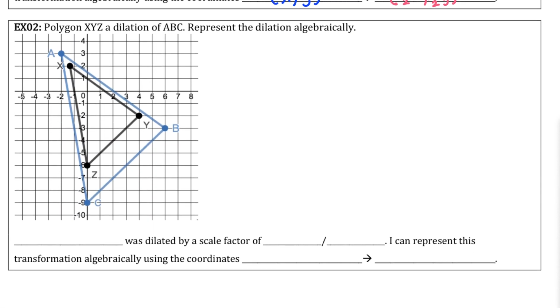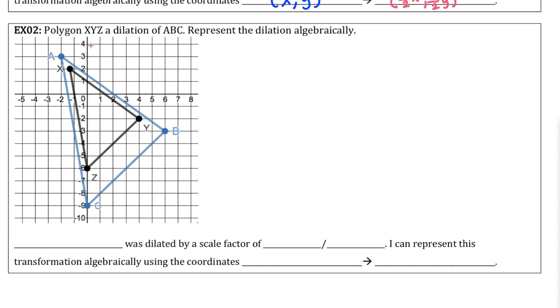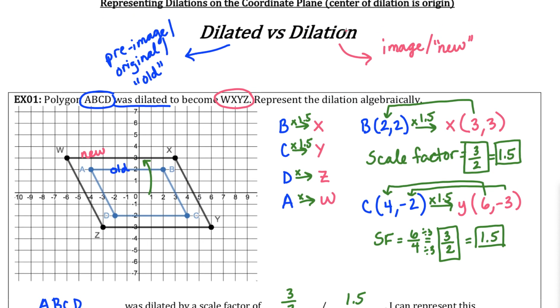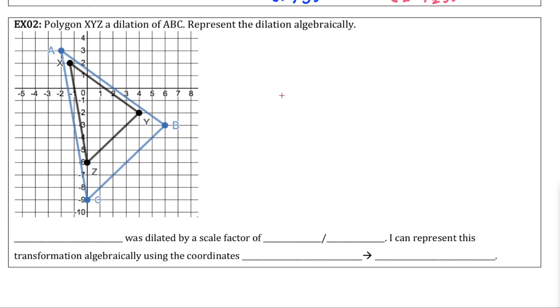All right, let's do this last one a little faster. So polygon XYZ is a dilation. So we actually have to go up here. XYZ is a dilation, that means it's the image, it's the new one. That means ABC is the original.